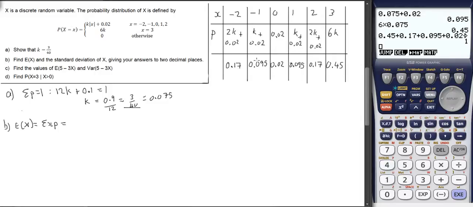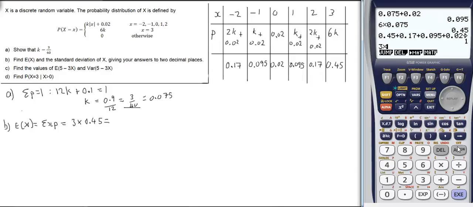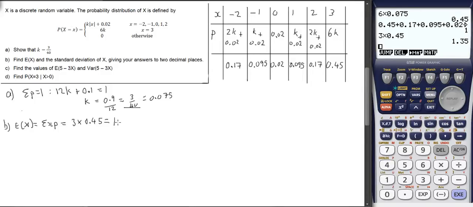Then we've got minus 1 times 0.095 plus 1 times 0.095. They're going to cancel each other out. Then we've got 0 times 0.02, well that's nothing. So in the end, the only thing that actually is going to contribute anything is 3 times 0.45, which is 1.35.